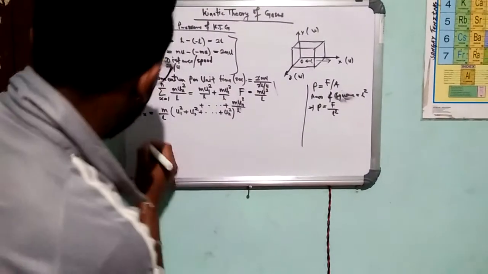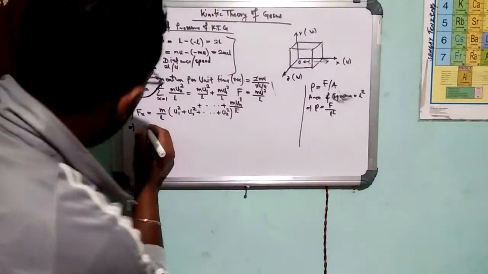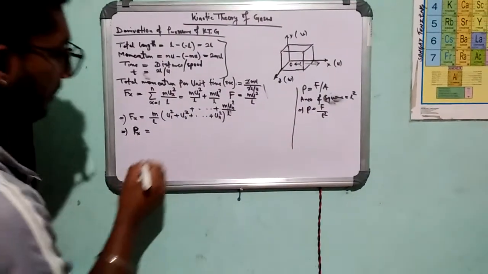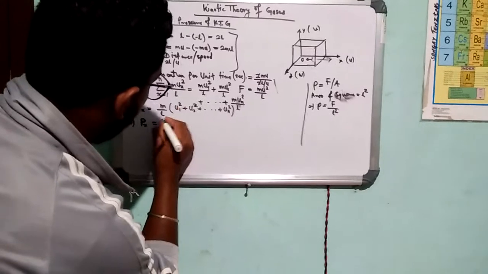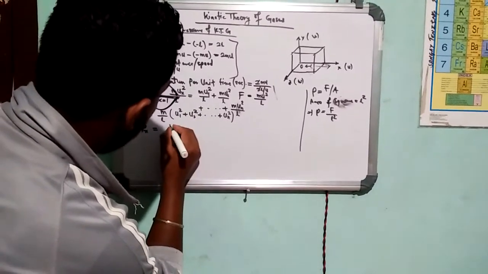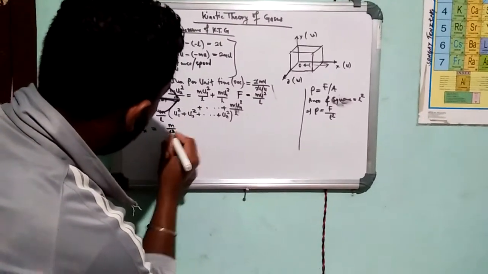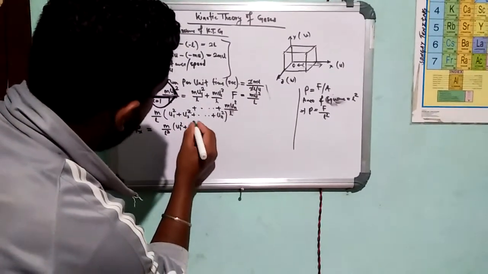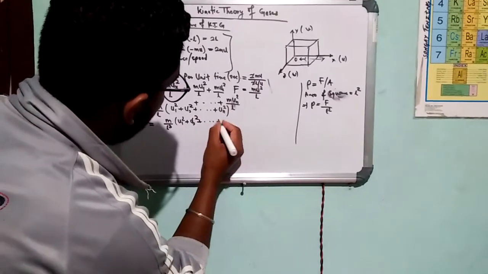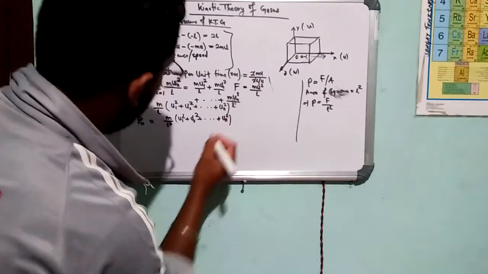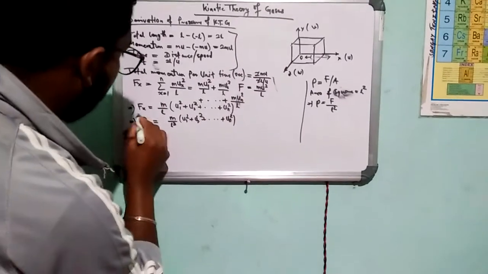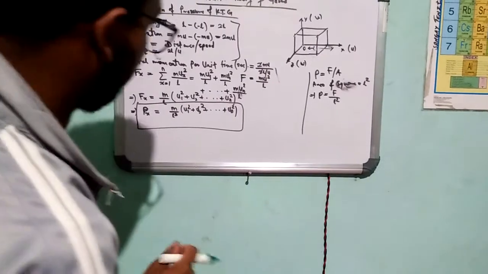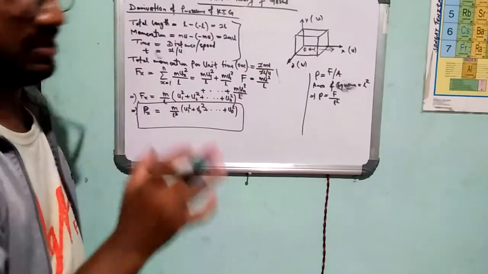So putting that in, the pressure along x is equal to m by l cube, times u1 square plus u2 square plus dot dot dot plus un square. This is the pressure along the x-axis of the molecules.